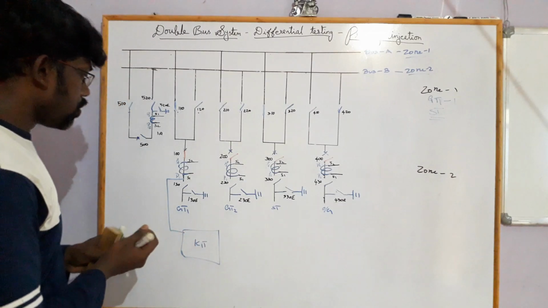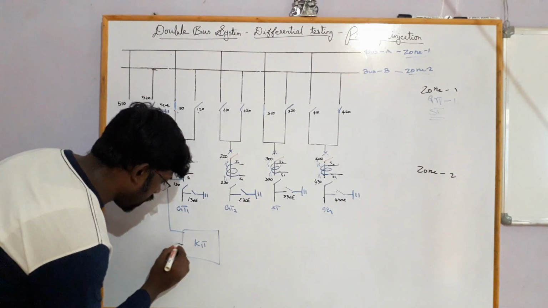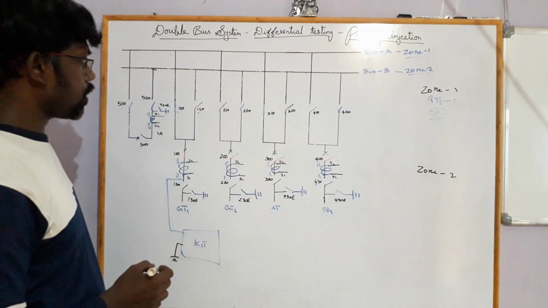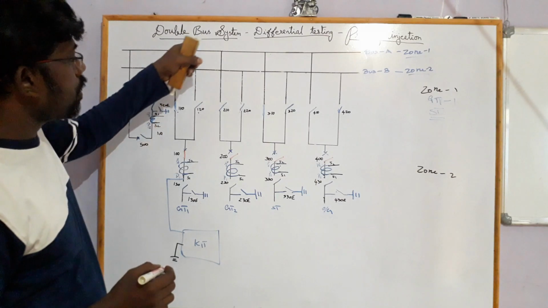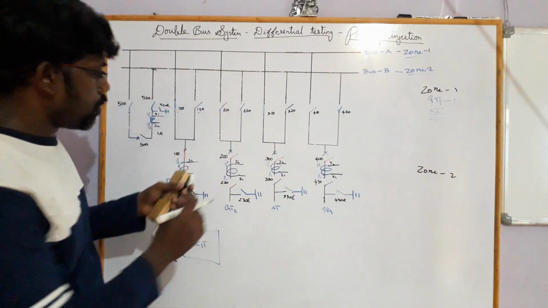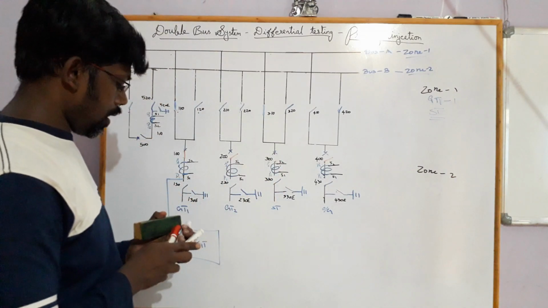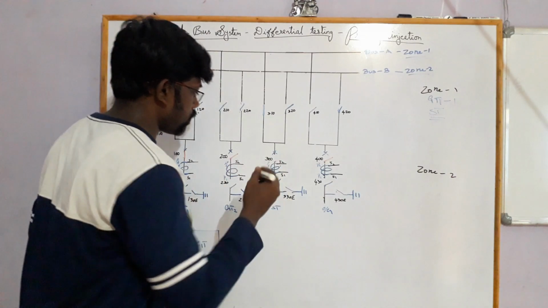Now I am going to make the other terminal into earthing. Only one terminal is connected to P1, and I have closed this breaker also.